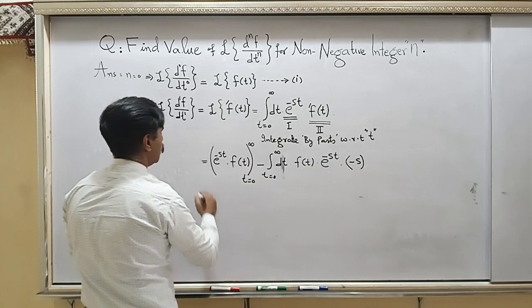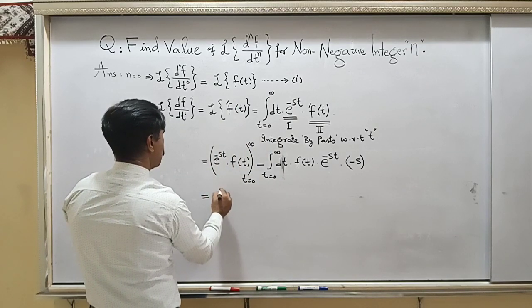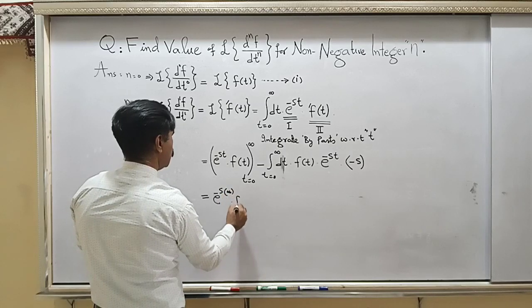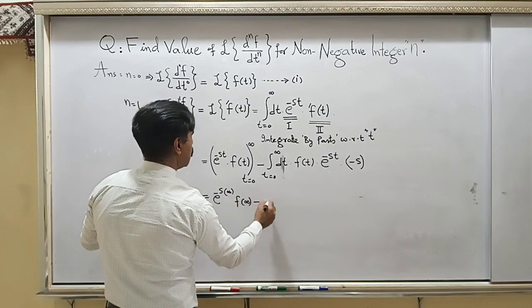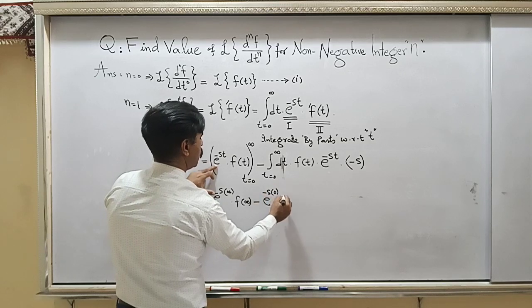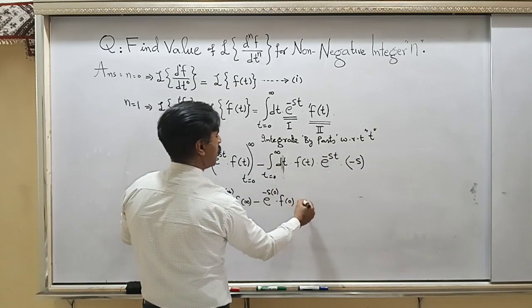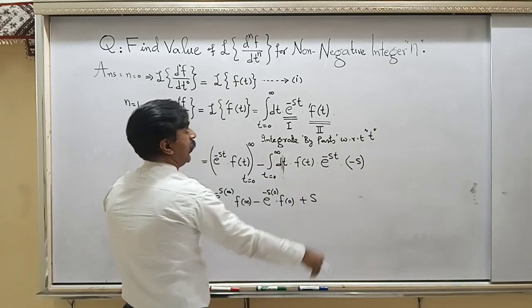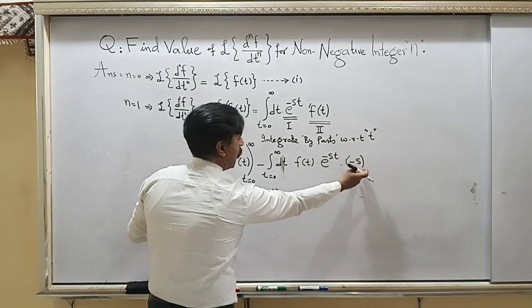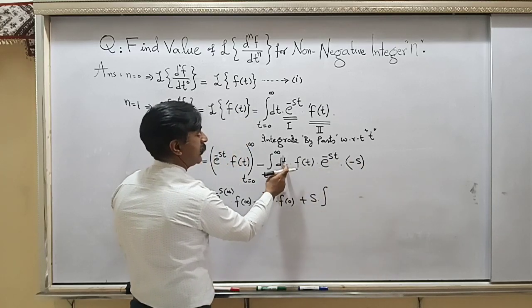Now we should apply the limits, first the upper limit minus the lower limit. Okay, this minus and this minus is plus, and s can be taken out because s is not a t.